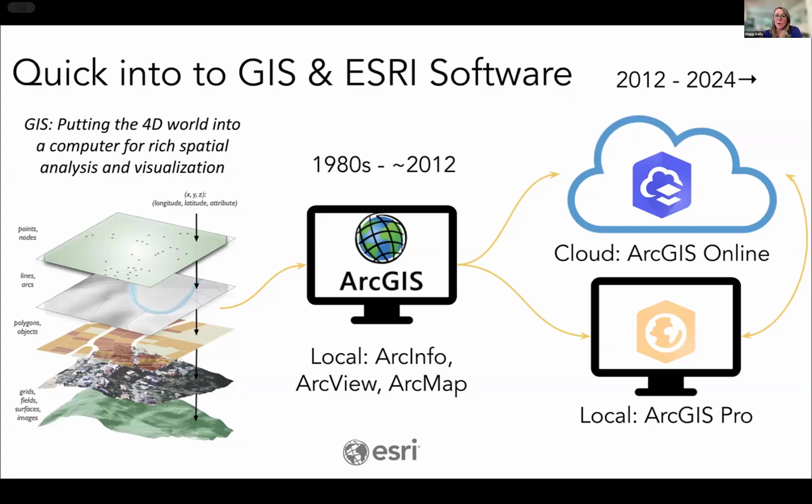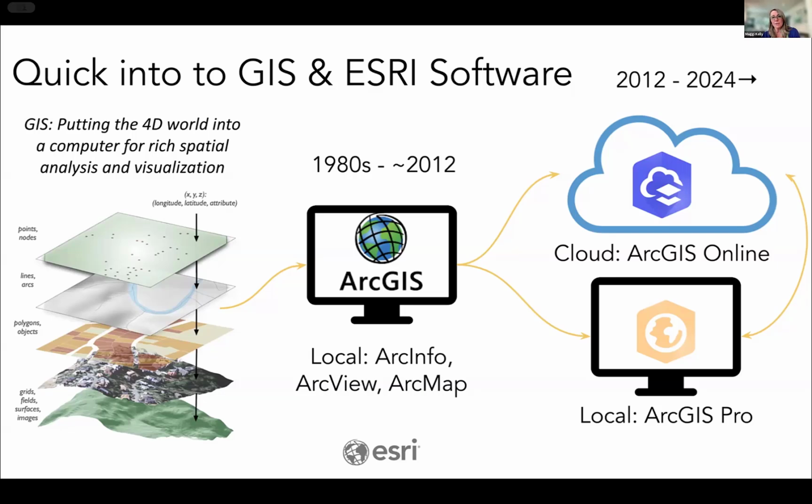From the origins of digital GIS in the 1980s up till about 2012, everything was local. In software like ArcInfo, ArcView, ArcMap, some of you might have used this. You pull stuff down onto your computer, you work on it because you've installed a piece of software on your computer. But since 2012, we've really had a revolution.